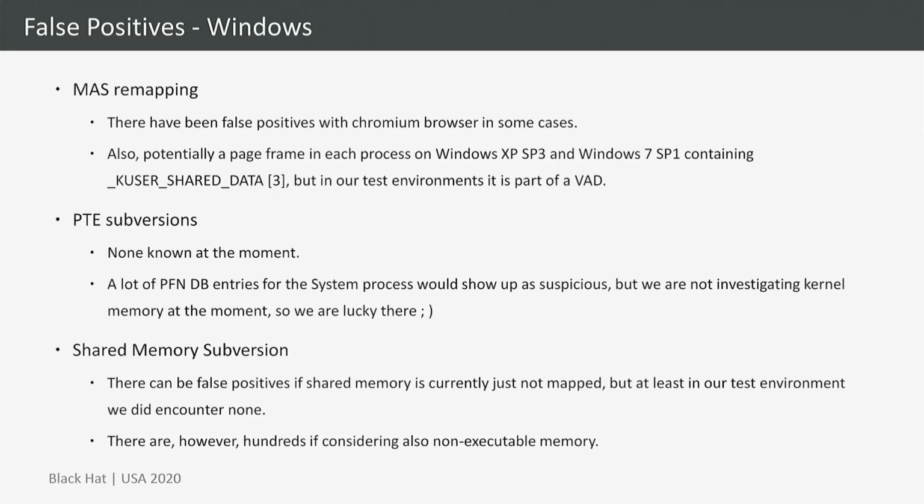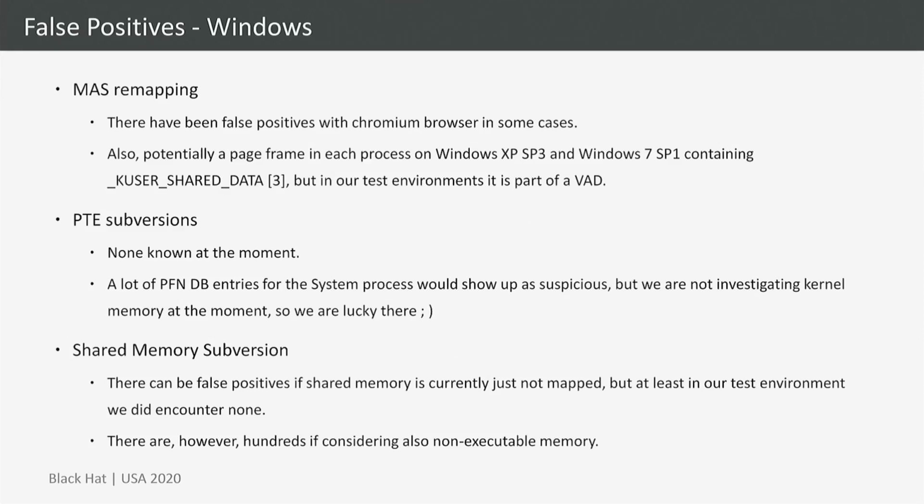Okay, now let's have a look at false positives. First, Windows. Regarding MES remapping, there have been some false positives in the context of Chromium. There were pages which are not described by any MES structure, which is interesting, and we are planning to have a closer look at it. Regarding PTE subversions, there are no false positives known at the moment, at least we didn't find any in our test environments.